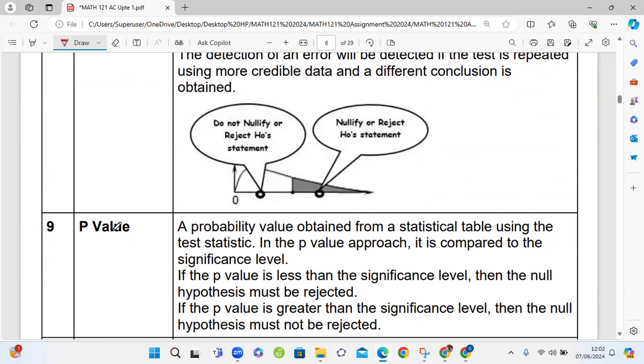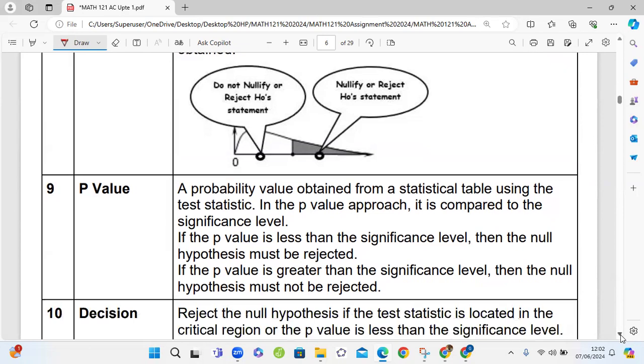Then you have what you call a p-value approach, a probability value obtained from a statistical table using a test statistic. In the p-value approach, it is compared to the significance level. So if the p-value is less than the significance level, then the null hypothesis is rejected. If the p-value is greater than the significance level, then the null hypothesis must not be rejected.